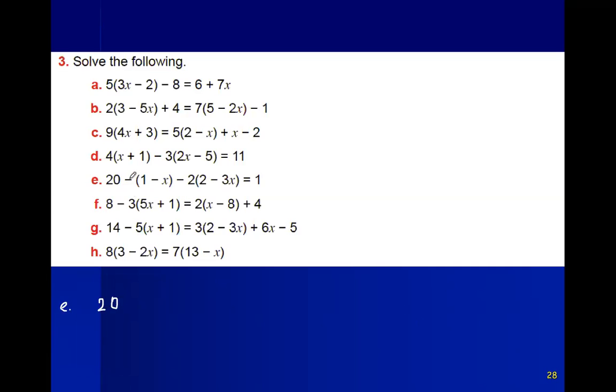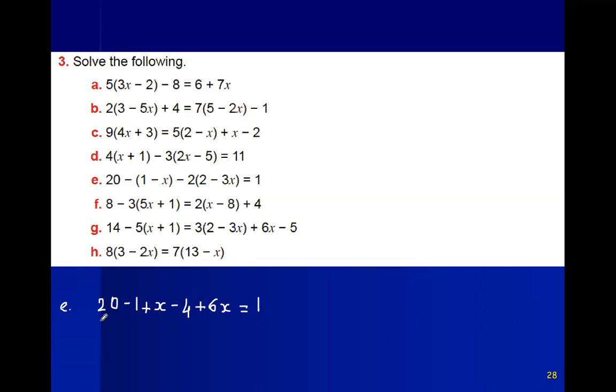It's an invisible one. -1 times 1 is just -1. -1 times minus x, that becomes plus x. And minus 2 times 2, that's minus 4. And minus 2 times a negative 3x, that becomes plus 6x. Yeah? And all this, they've asked us to make it equal to 1.